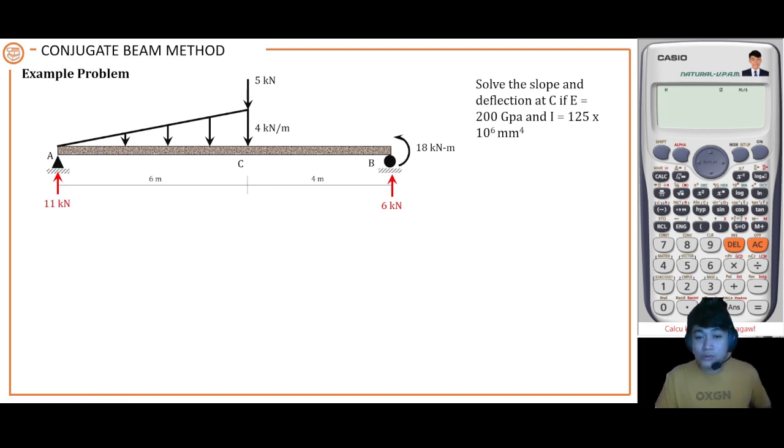So let's sum moment at B: times 10 minus 5 times 4 minus 18, then a negative moment given by the triangular load, so 0.5 times 4 times 6, and then the distance of 1/3 plus 4.